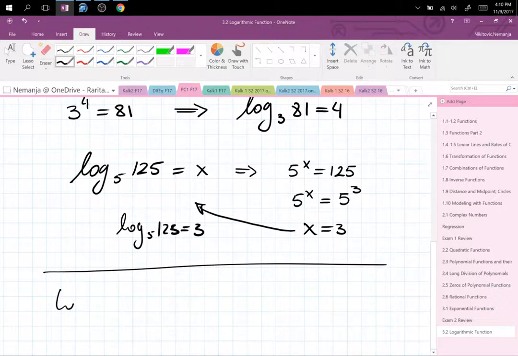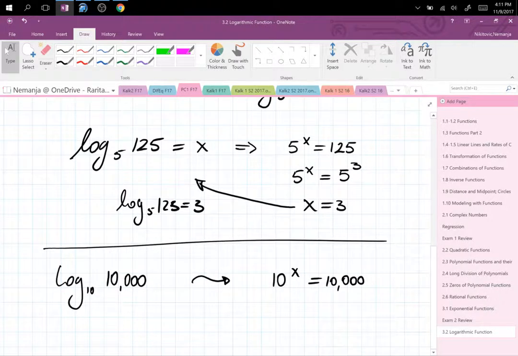How about log base 10 of 10,000? What would you convert this into? 10 to the x equals 10,000.